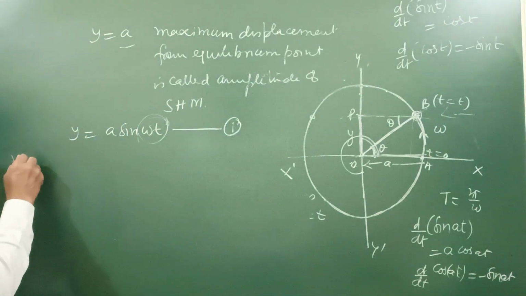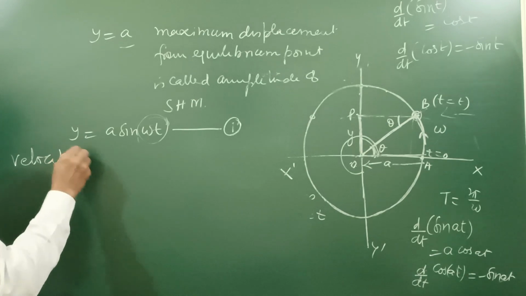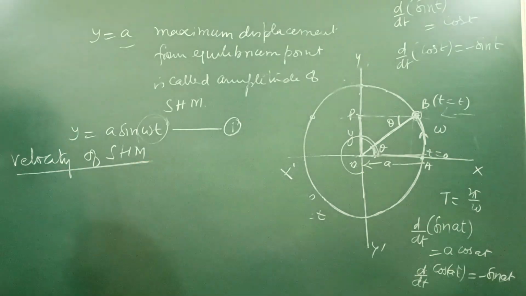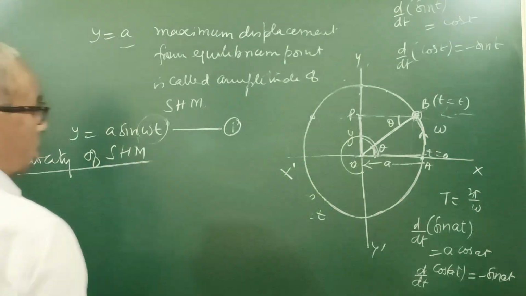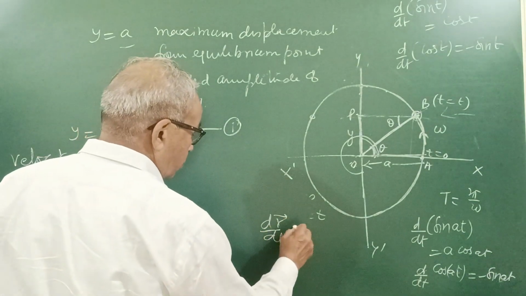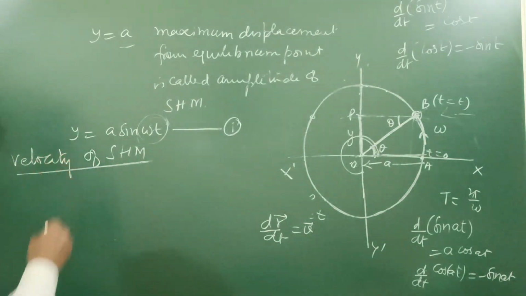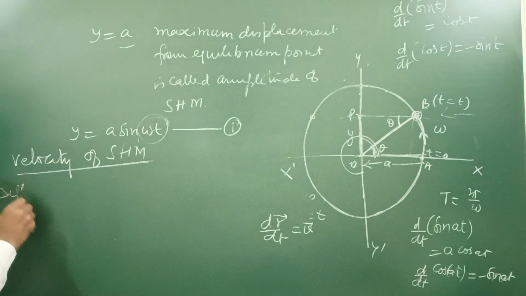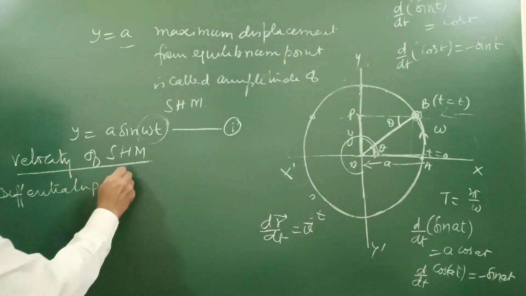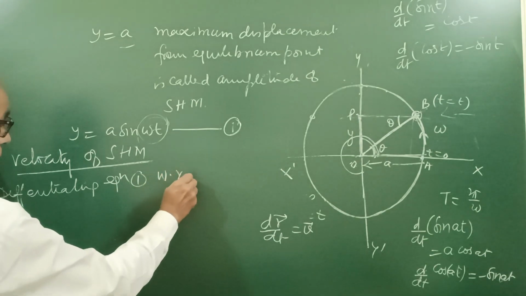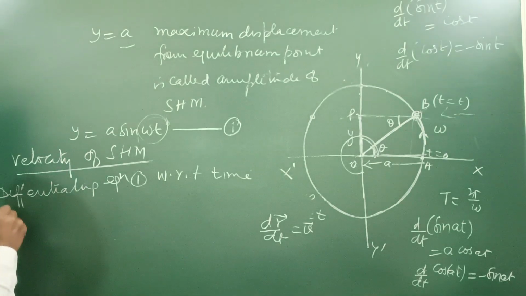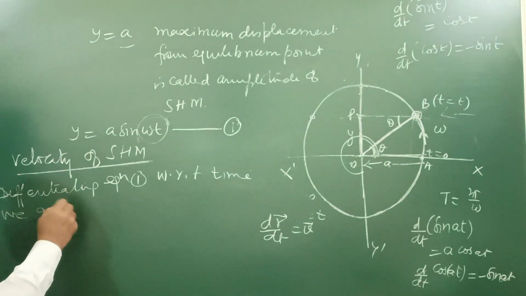तो वेलोसिटी निकालना है, velocity of SHM. You know dr upon dt is velocity. So here, differentiating equation 1 with respect to time, we get velocity.